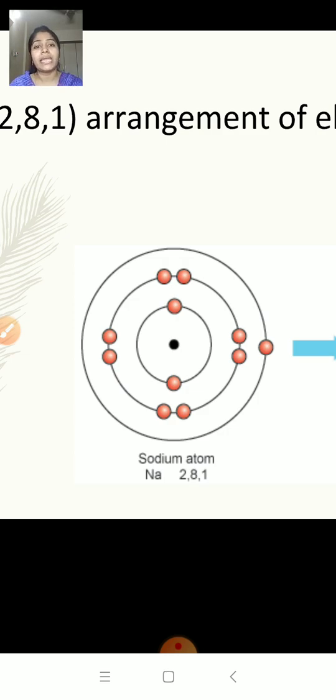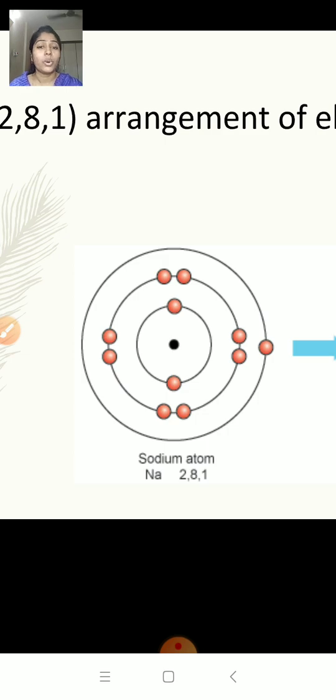Now for the atom to take part in a chemical reaction, it should have 8 electrons in the outermost orbit. But over here sodium has only 1 electron. So what can it do? Either it can borrow 7 electrons and the total will be 8 electrons, right? But one point to remember, only 3 electrons can be lost or accepted. Either 3 electrons can be given or accepted. More than 3 electrons cannot be accepted or given.